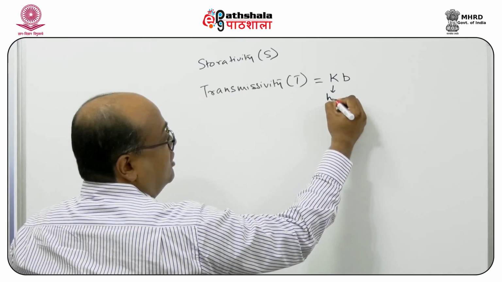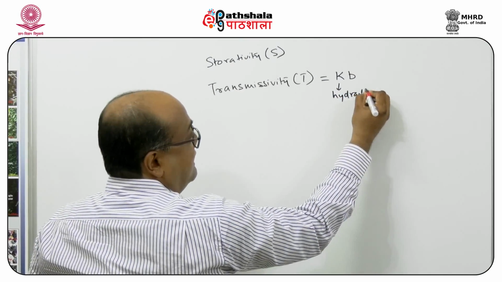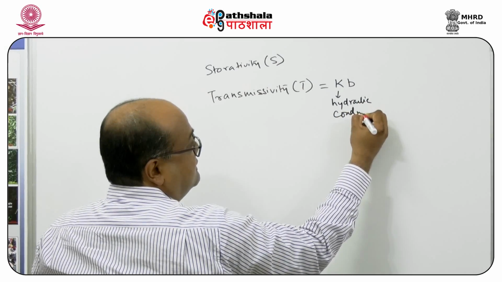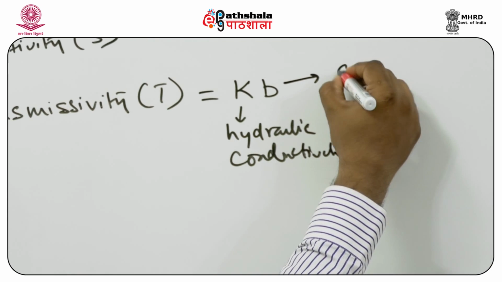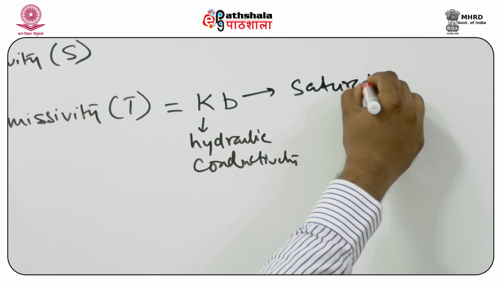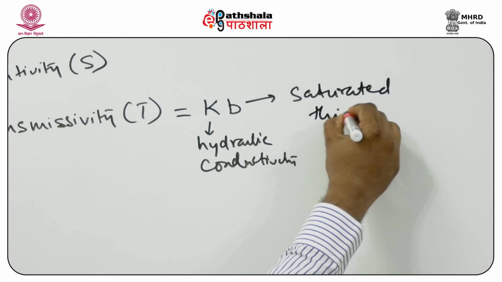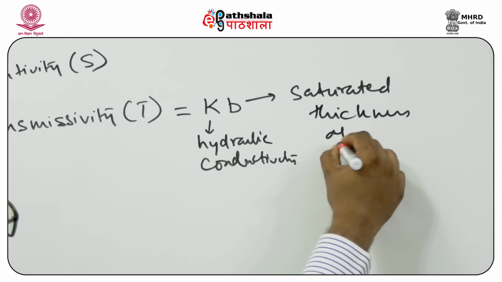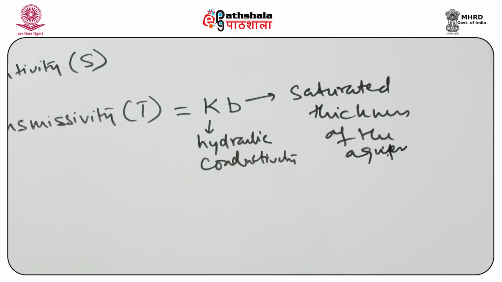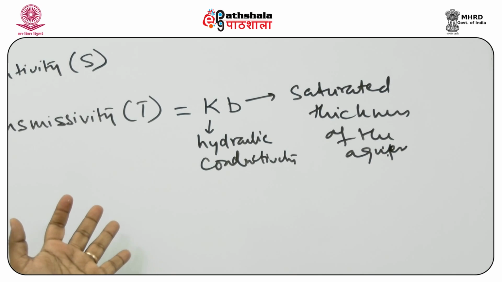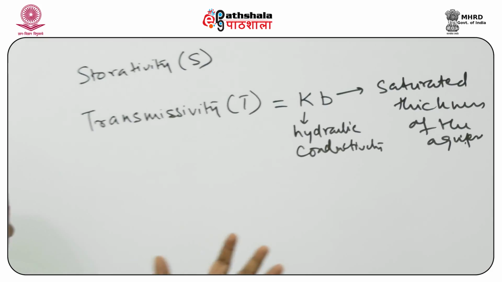K is the hydraulic conductivity, and B is the saturated thickness of the aquifer. So basically it is the thickness of the aquifer. Hydraulic conductivity describes the ease with which water flows from one part to the other.